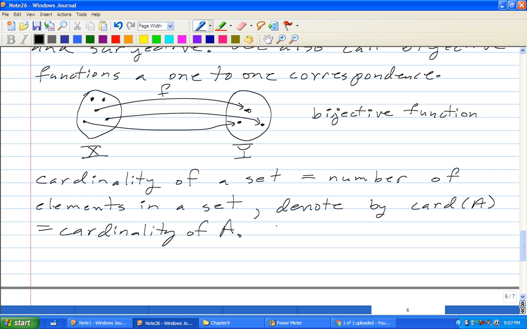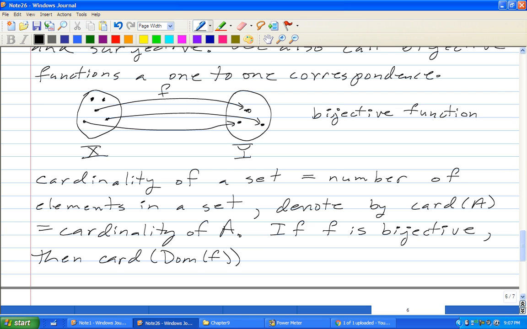And so, if f is bijective, then you notice that the cardinality of the domain of f, the number of elements here, is the same as the cardinality of the range of f.